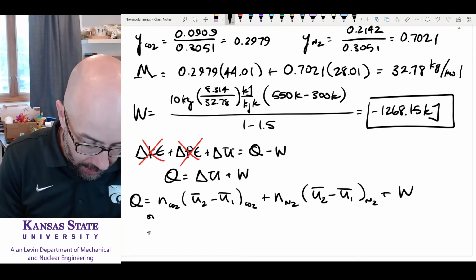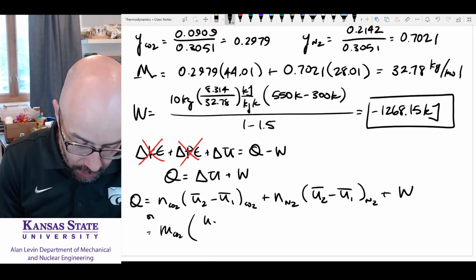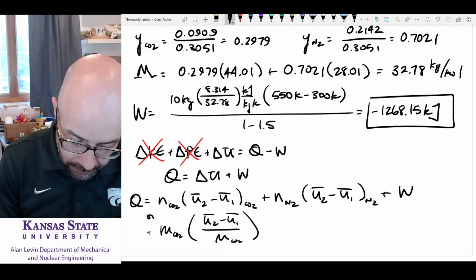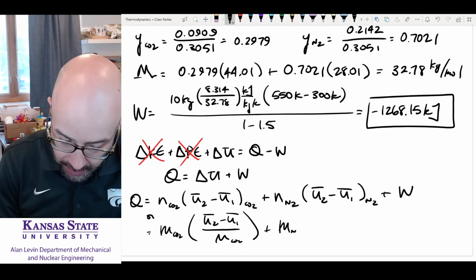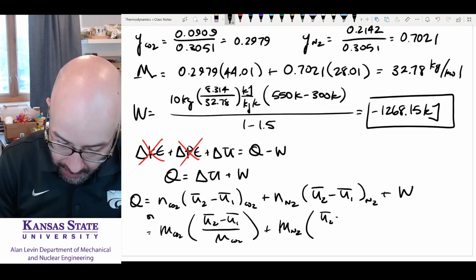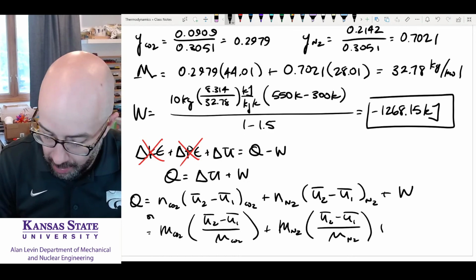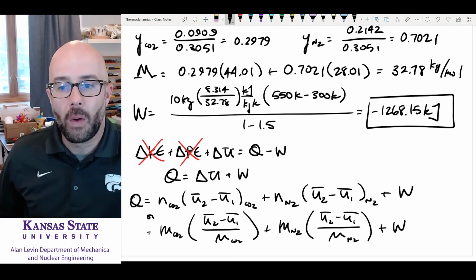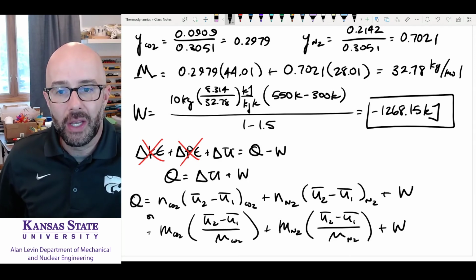Or I could write this as the mass of my carbon dioxide times U2 bar minus U1 bar divided by the molecular weight of my carbon dioxide plus the mass of my nitrogen times U2 bar minus U1 bar all over the molecular weight of my nitrogen plus W. Okay, either way that we could do that.